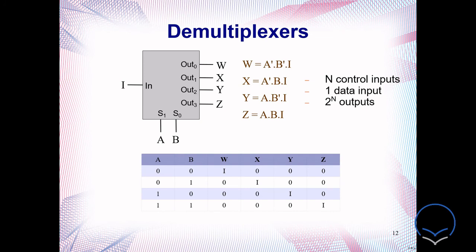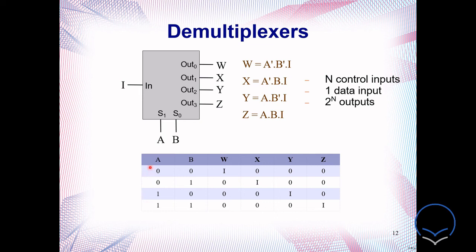Just look here. This is a 1 to 4 demultiplexer, you can say. So 1 input, 4 outputs. When we have two control inputs, we have four combinations: 0 0, 0 1, 1 0, 1 1.